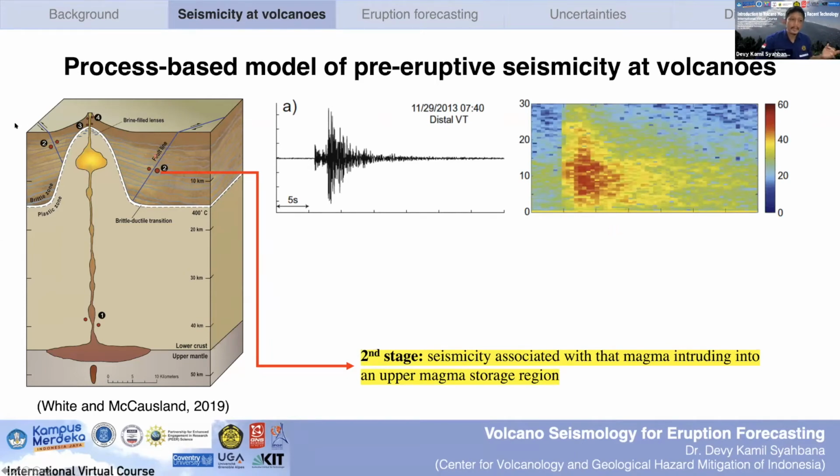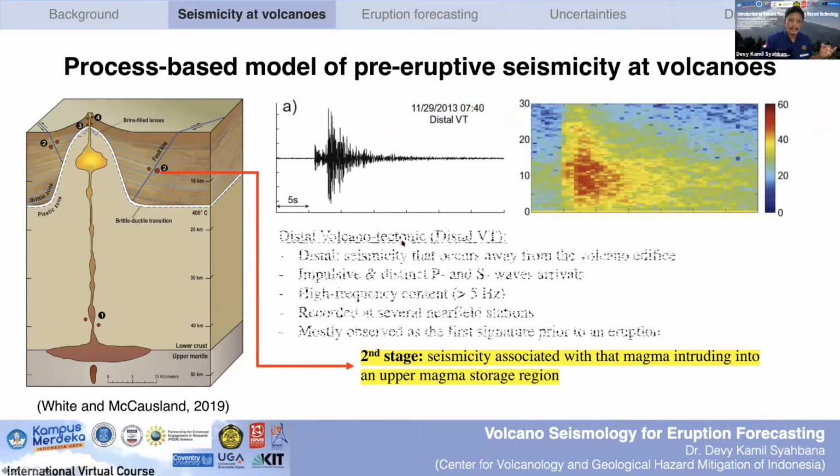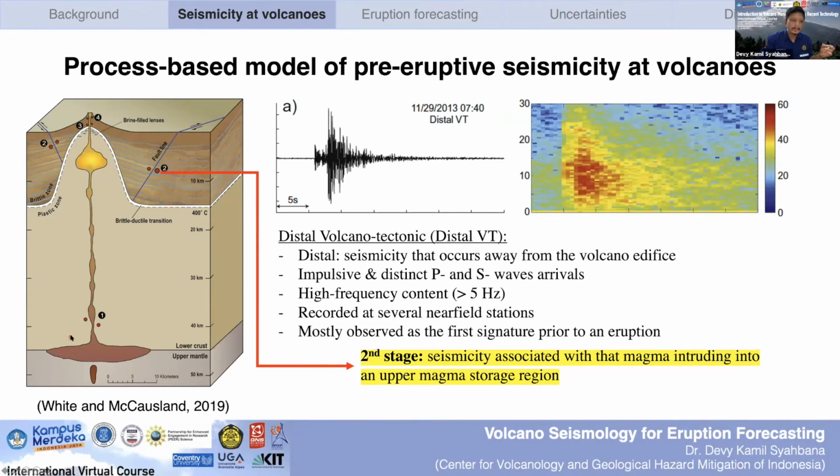So what's the difference between proximal and distal VT? Distal means that it is not exactly beneath the volcanic edifice. It may be farther, like tens of kilometers away from the volcano. And you think that it was not related to the volcano, but in fact it is related to the volcano.